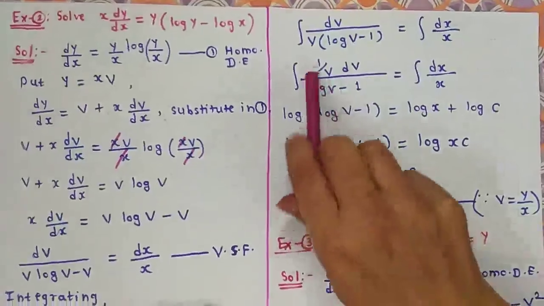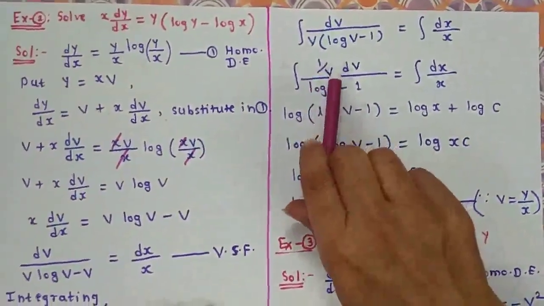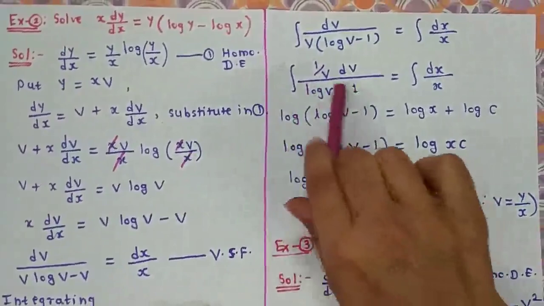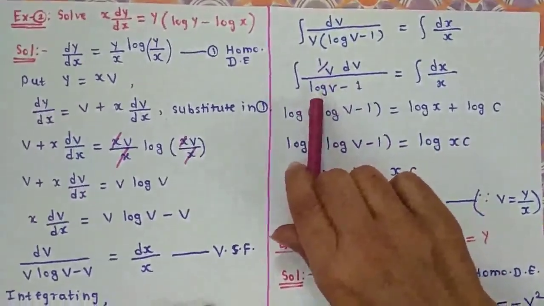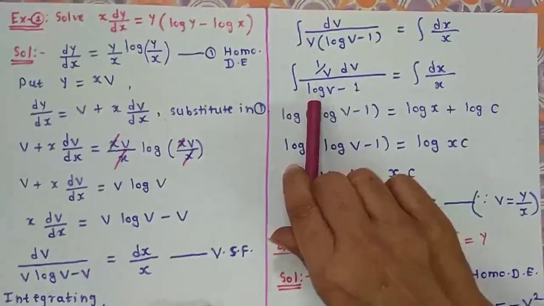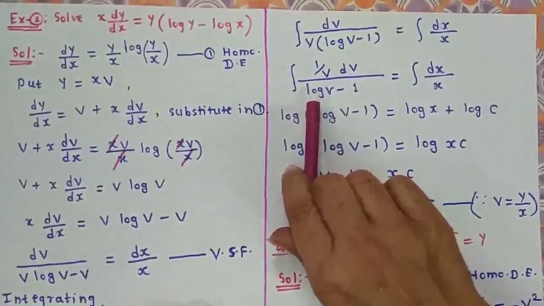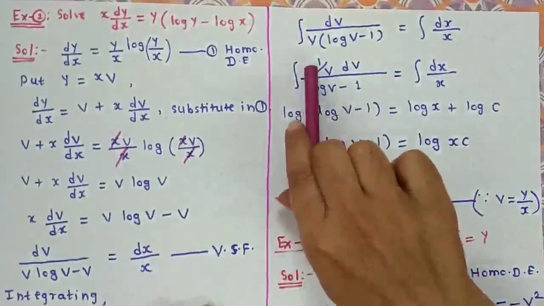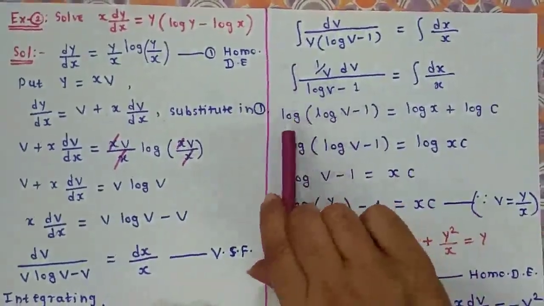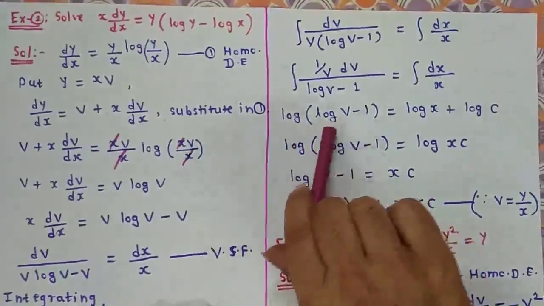Now if you observe, this 1 upon v represents the derivative of the denominator. And we have one standard result: integration of f dash of x upon f of x is log of f of x, that is log of the denominator. So here the derivative of the denominator is present in the numerator, that's why its integration is log of the denominator.